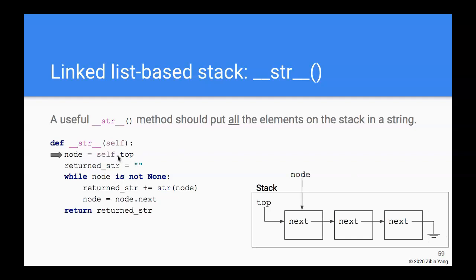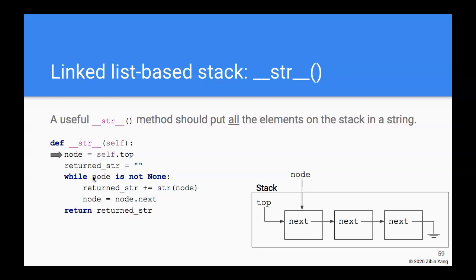So we're going to start at the top. I'm going to make a temporary node that points to the top, and then I'm going to initialize the string that I'm going to return from the string method to an empty string.